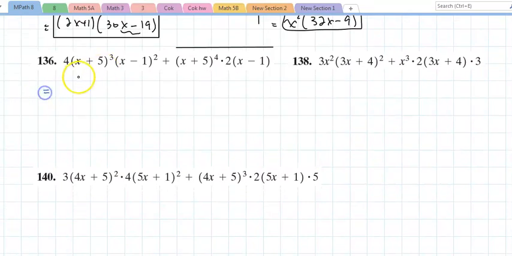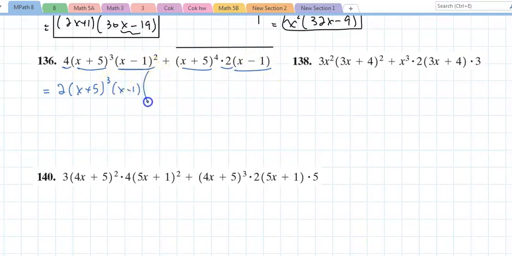If I want to factor here, I notice 4 and 2, I could take a 2 out. I notice an (x plus 5) to the third and (x plus 5) to the fourth, so (x plus 5) cubed, and an (x minus 1) is common in both. Now, if I take this first term and divide it by this factor, what would be left?